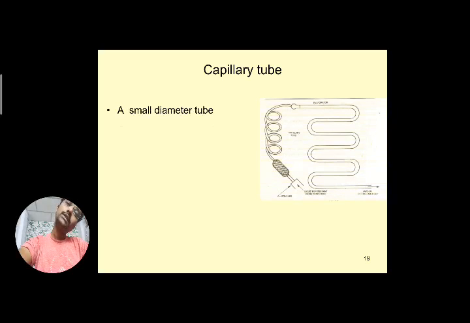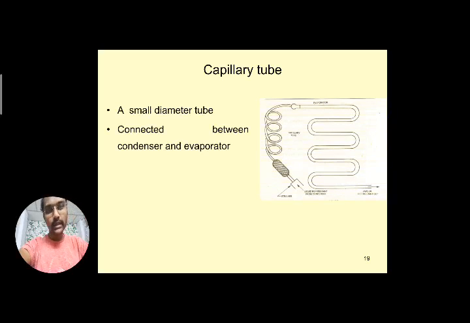So observe some points here. When you observe in the refrigerator, a smaller diameter tube is present, that is connected in between the condenser and evaporator, or after the receiver and evaporator. It is a very small diameter, coiled, and very long, like 2 meters or 2.5 meters in length.